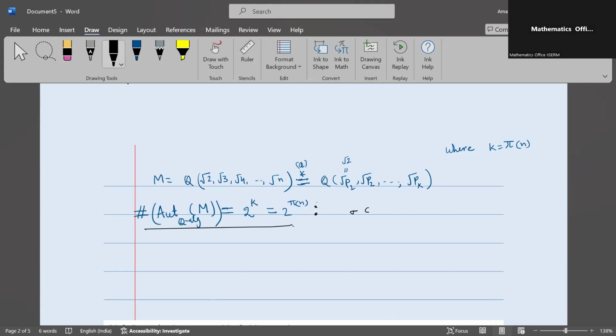If sigma belongs to Aut of M over Q as an algebra, then what we see here is that sigma sends root P1 to plus or minus root P1 only.